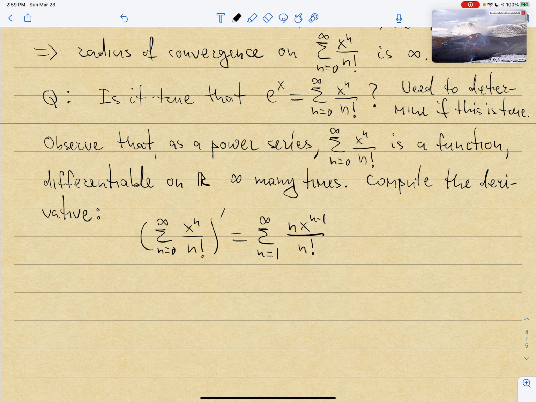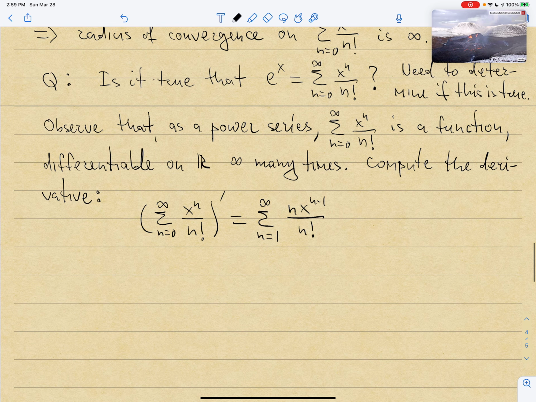Well, fine, but n over n factorial is a product of all integers up to n. So n factorial contains a factor of n. So I can cancel n, and the denominator becomes n minus 1 factorial. So this is a sum, n from 1 to infinity, x to the n minus 1 over n minus 1 factorial.